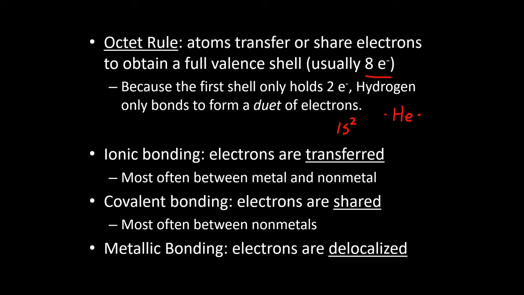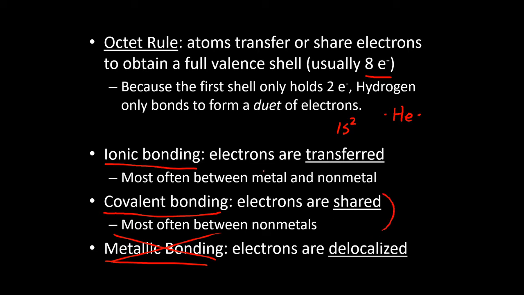So, in order to get that octet, things will either ionically bond, covalently bond, or perhaps metallic bonding, which we're actually not going to consider. We're not going to look at metallic bonding. But it is a thing that happens all the time. We're just going to mostly concern ourselves with covalent bonding.